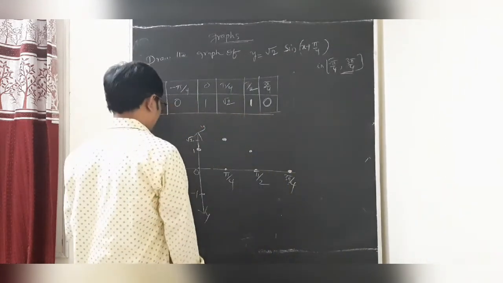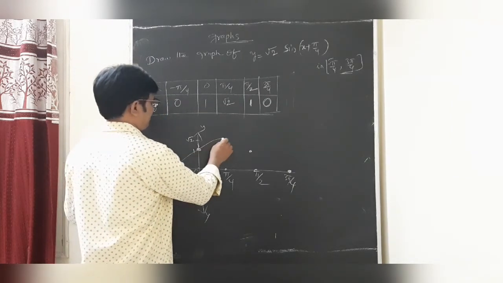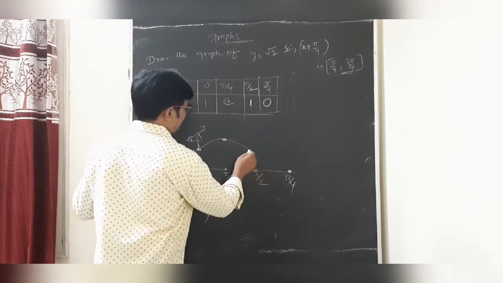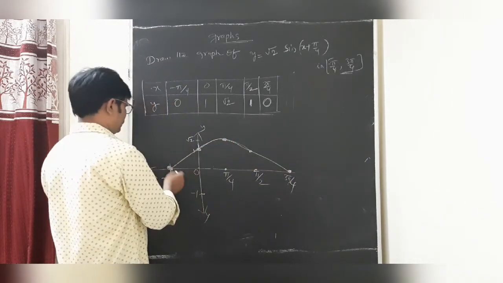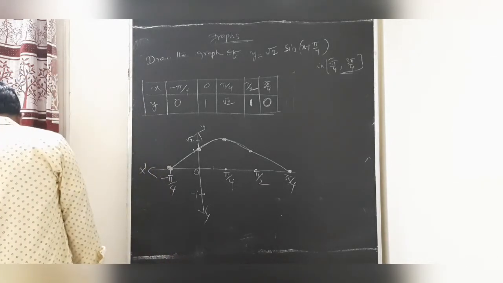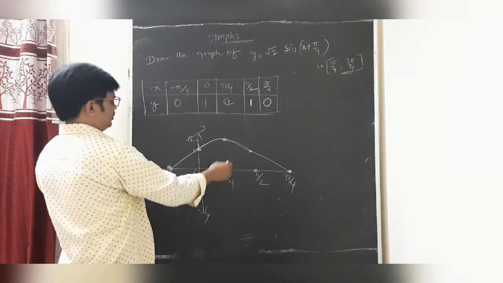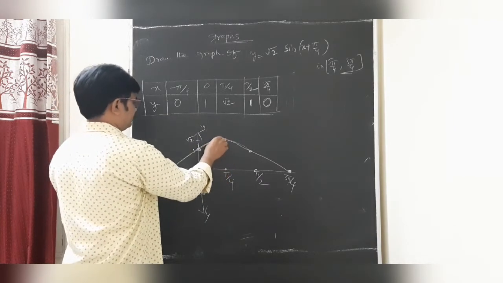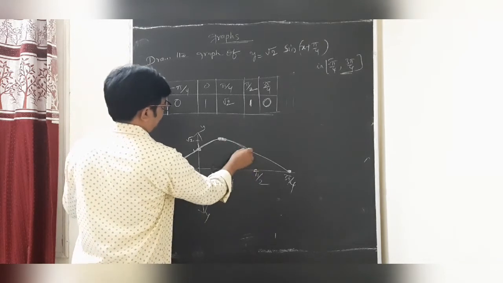So this is what we observed, students. This is the graph. Okay, dear students. Minus pi by 4 gives 0. 0 gives 1. Pi by 4 is root 2, and 90 is 1.